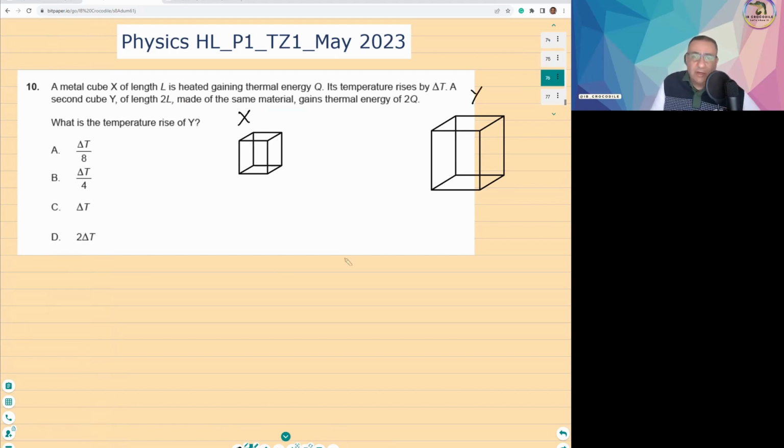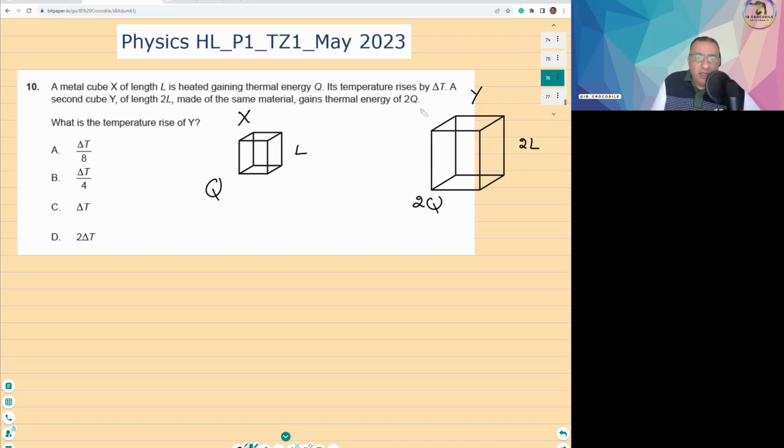All edges of a cube are equal in length, so this is L and this is 2L. Let's see what we have for X. We got the thermal energy gained, or the quantity of heat, let's say Q, while the quantity of heat for Y is 2Q.